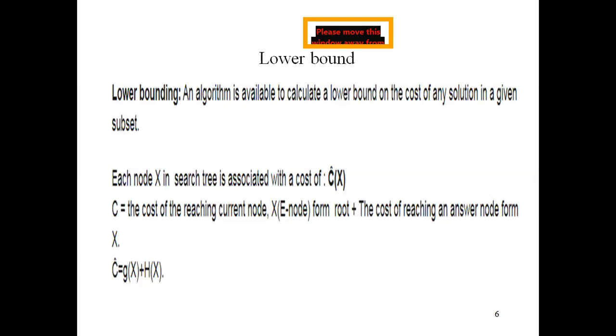Suppose in the state space search tree we have nodes. Consider any node X in the tree.